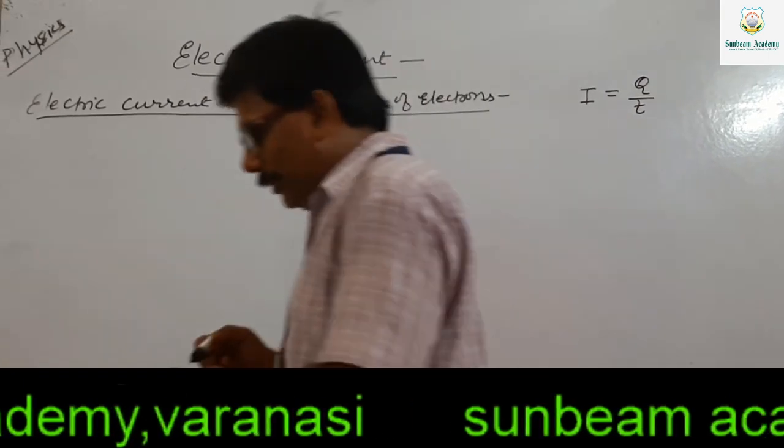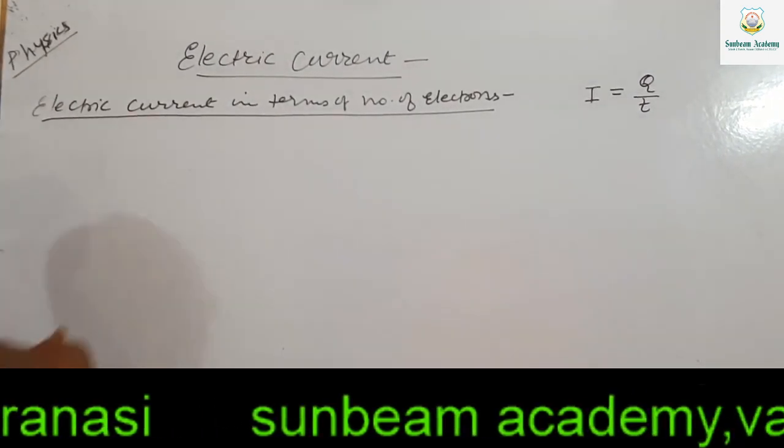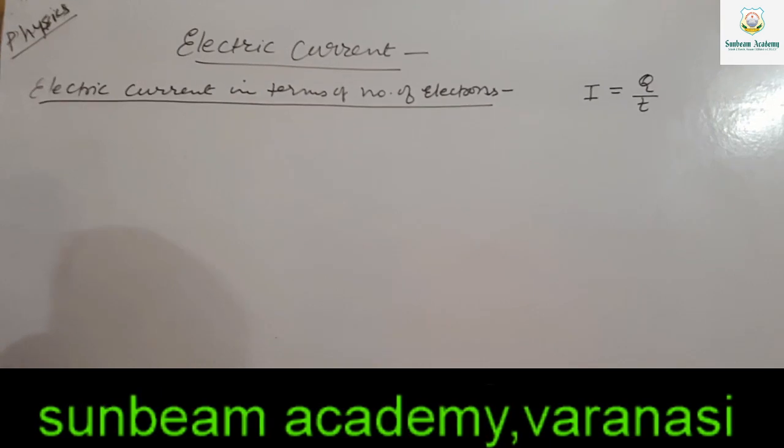Now, let us derive this formula of electric current in terms of electrons.